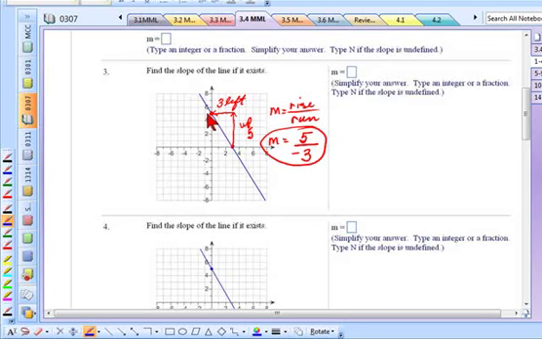There's no rule that says where you have to start. So if you started here, what would be your vertical change? It would be down 5. But then what would your horizontal change be? To the right, positive 3. Which means if you did it that way, your slope would be negative 5 over 3.